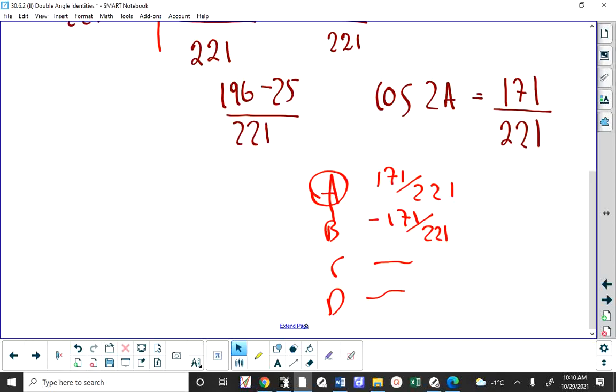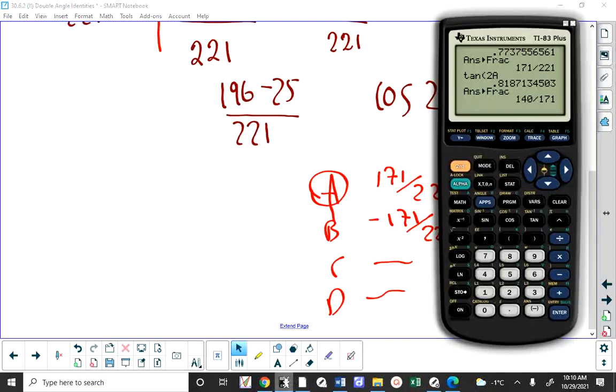You have to go with the math. The math says cosine of 2A is positive. By the way, A was 199 degrees. That is definitely in quadrant 3. 399 is actually back in quadrant 1, isn't it? So don't make that mistake.